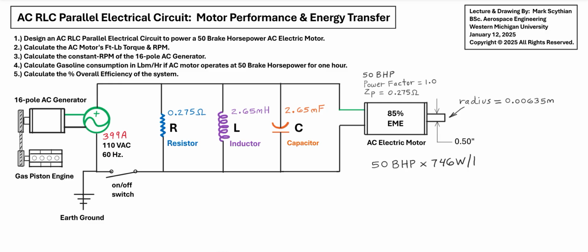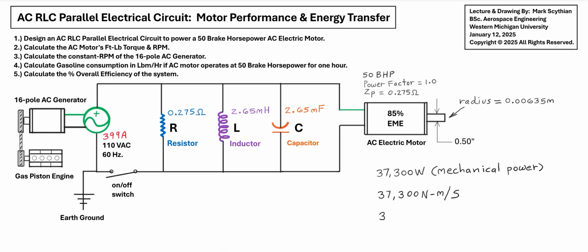So then if we solve for the mechanical power at the output drive of the motor, again, we calculate 37,300 watts of mechanical power. This is also equal to 37,300 Newton meters per second of mechanical power.